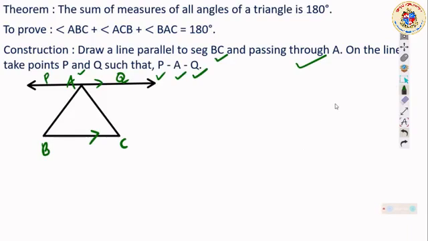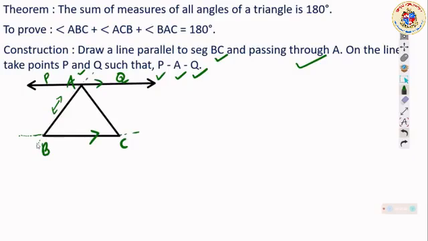Now we know that line PQ is parallel to BC, and segment AB and segment AC are acting as transversals here, correct? If you think that this base is parallel here and extending here, this is a transversal, right?